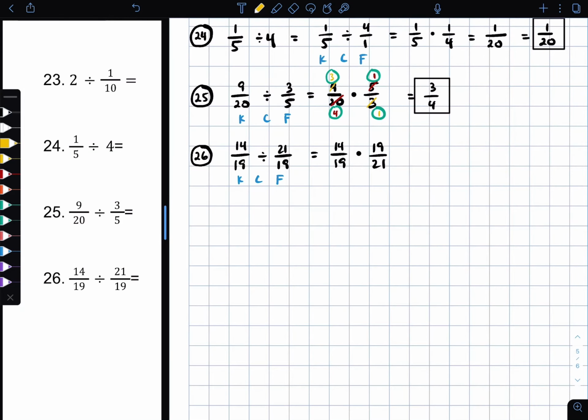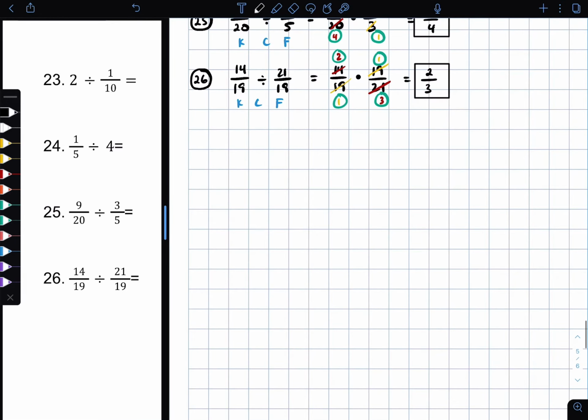These 19s are going to cross cancel, and that'll be a 1 and a 1. And then this 14 and 21 can both divide by 7 to get 2 and 3. 2 times 1 on top, 1 times 3 on bottom. So on top, 2 times 1 equals 2. And on bottom, 1 times 3 equals 3. All right, so after all that, the quotient here is 2/3. That's 26.